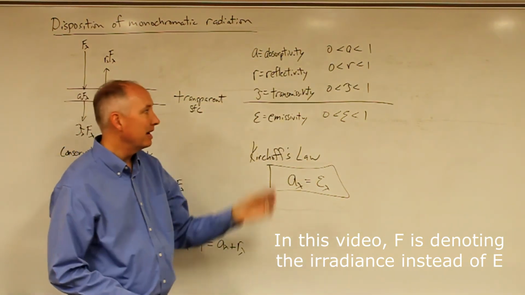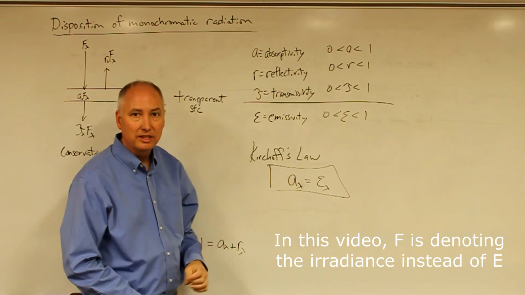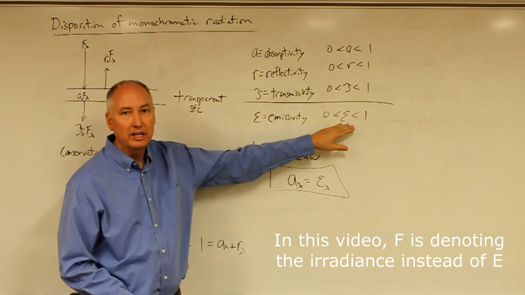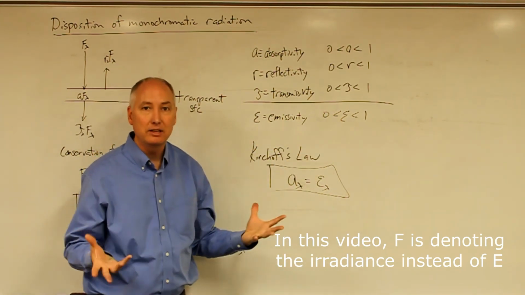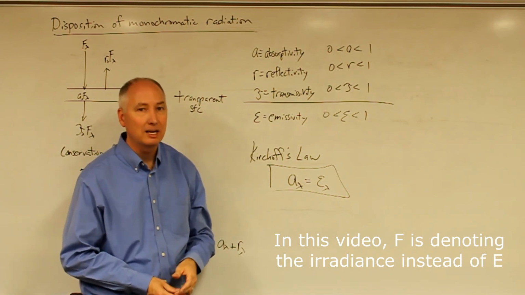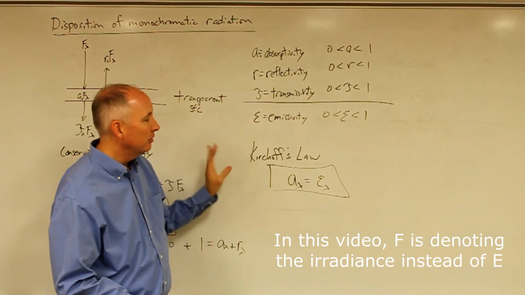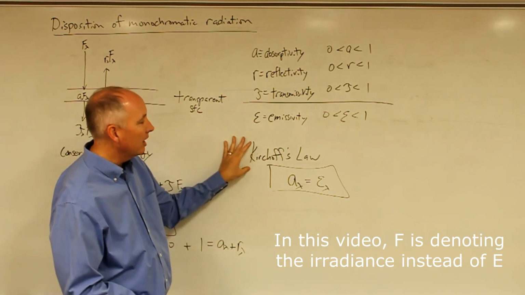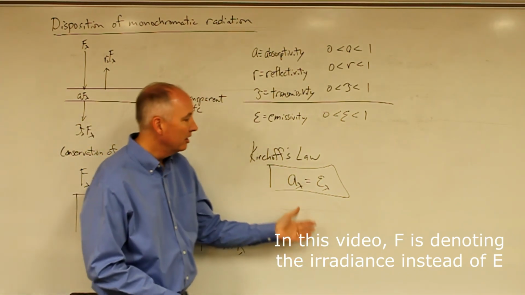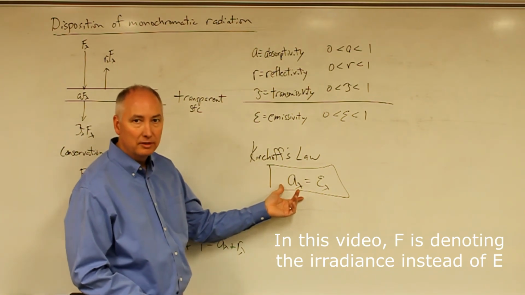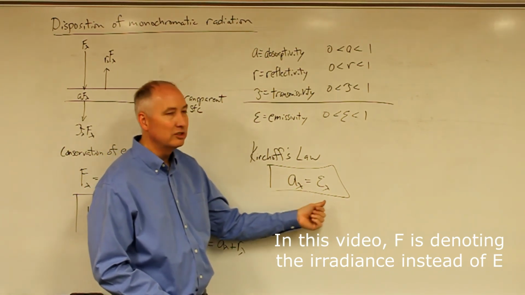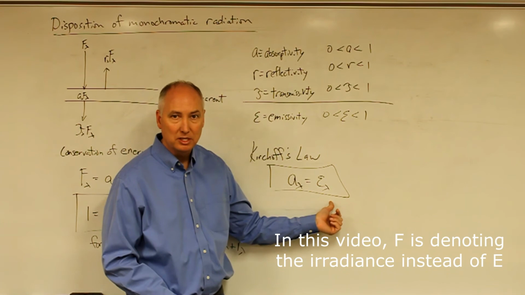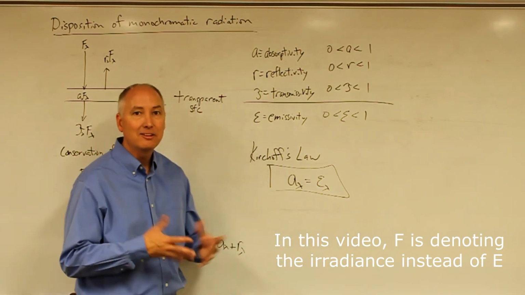We've already talked about emissivity, which was the fraction of the radiation that is emitted for an object relative to the blackbody. I'm not going to go through the derivation. If you want to, it's in the Wallace and Hobbs textbook. But Kirchhoff's Law basically states that the absorptivity of an object at a given wavelength is equal to the emissivity of an object at that same wavelength. And it kind of makes sense.